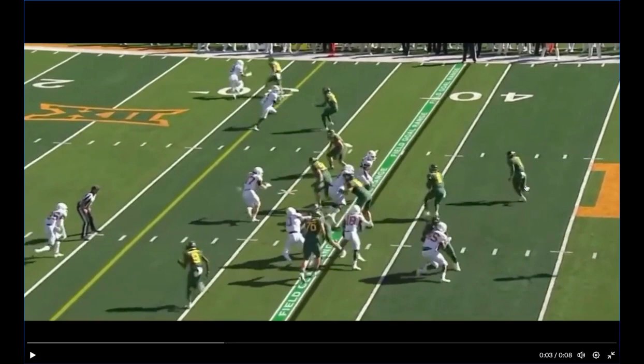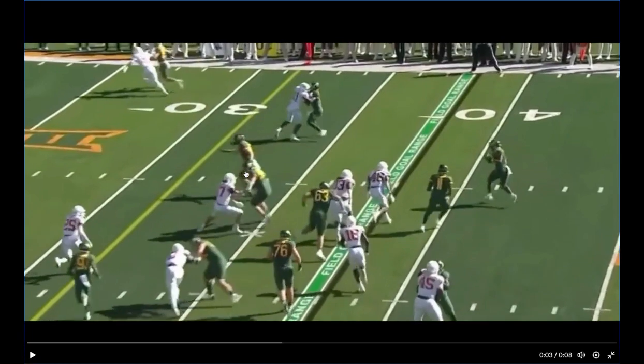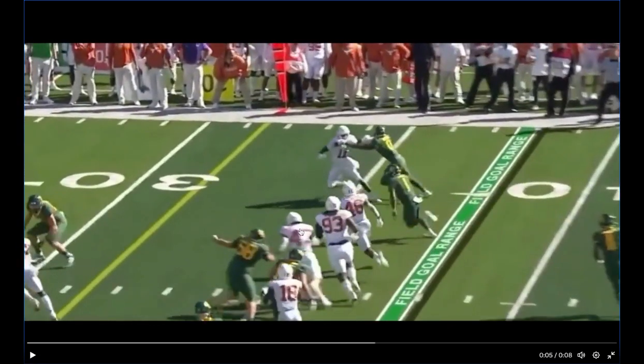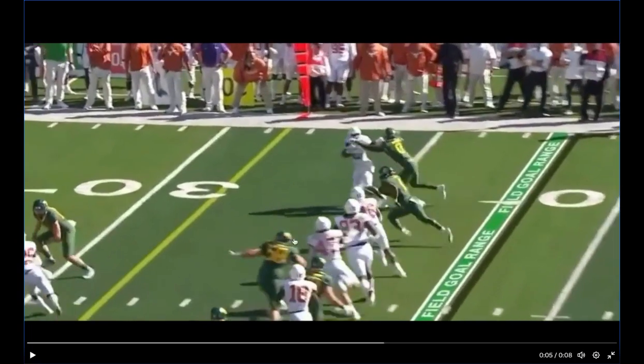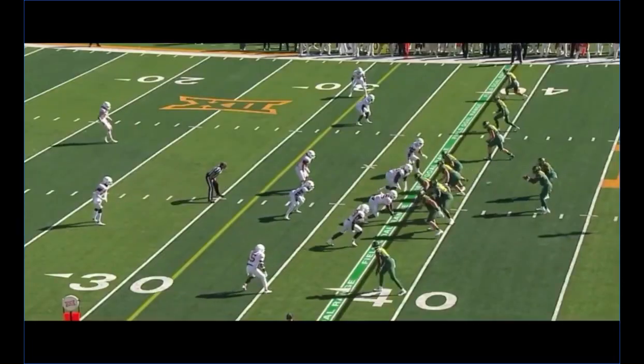By the time he does that, our running back should be well gone. So I'm going to go ahead and play it here. He gets a hand on him, but forces him underneath. By the time he gets there, he's missed him by several steps. And that gives us our best ball carrier with the ball in space.